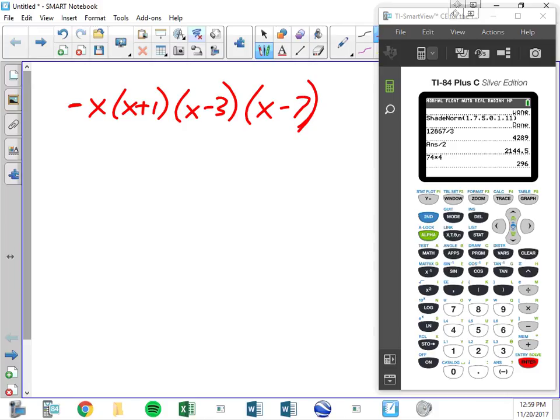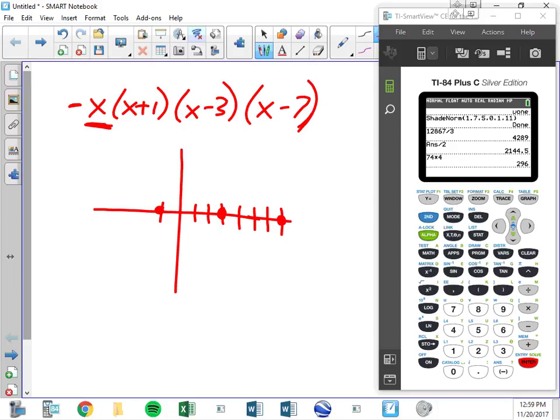Where does that graph hit the x-axis? -1 and +3 and +7 and, well, hold on, we're missing a root.